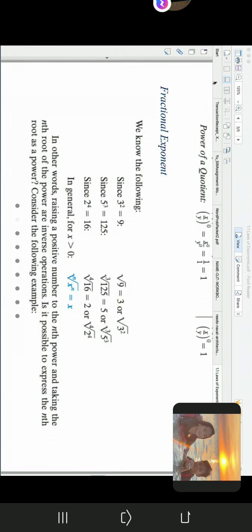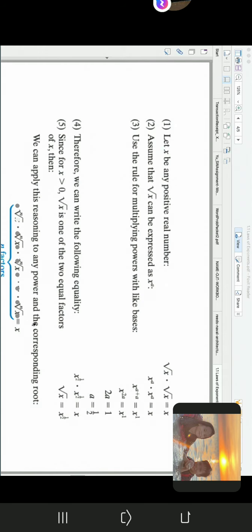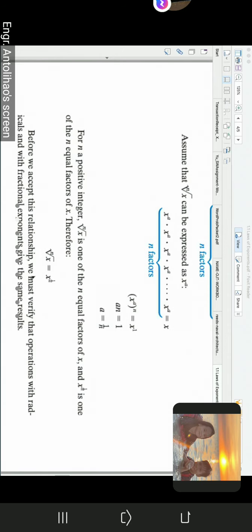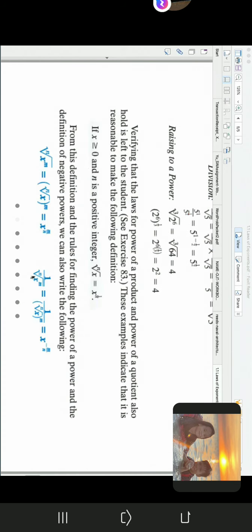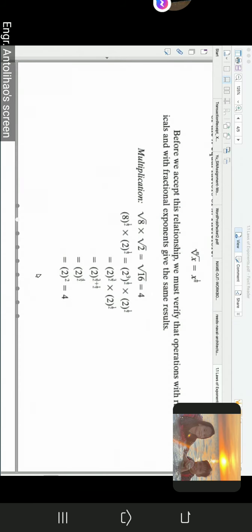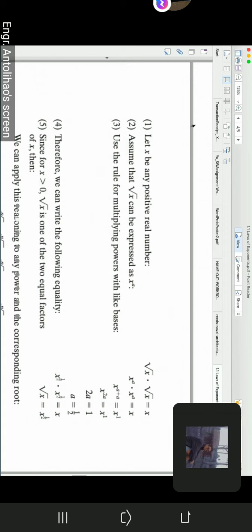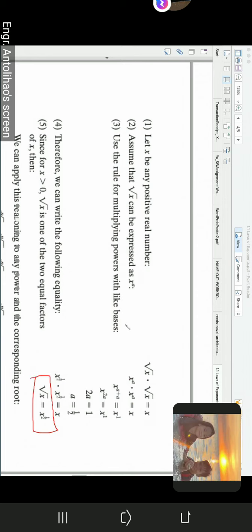Okay. This is the derivation for the square root of x being equal to x raised to the power of 1/2. Let's justify it through derivation.